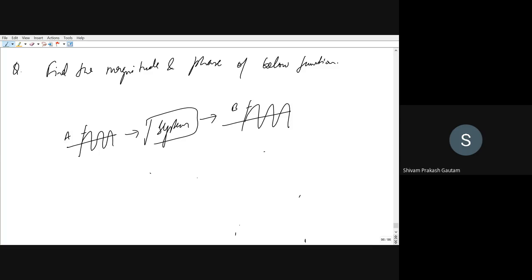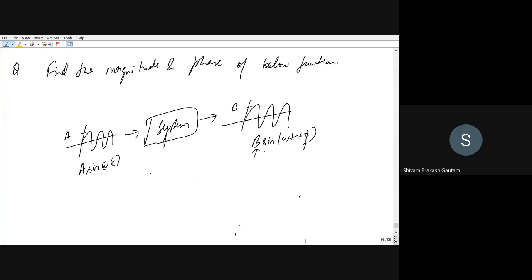That is called magnitude or amplitude, and the phase may also vary. Suppose you are providing sine omega t as an input, so you may get b sine omega t plus phi. So how will you analyze your system? Based on your change in the magnitude and change in the phase. This is called the frequency response of a system, where we analyze the system based on the change in the magnitude as well as the change in the phase.